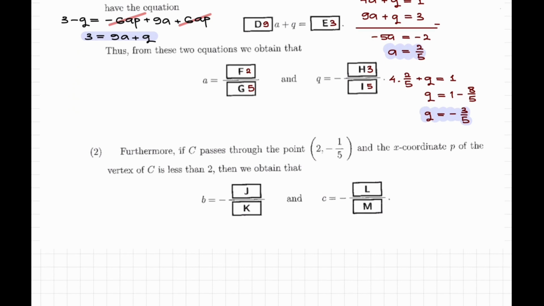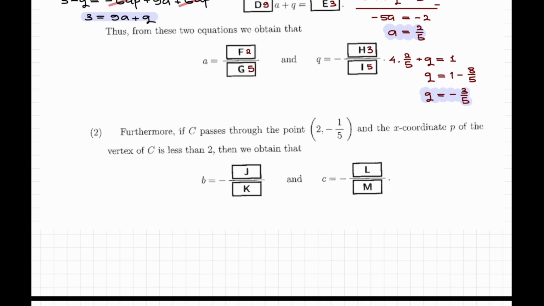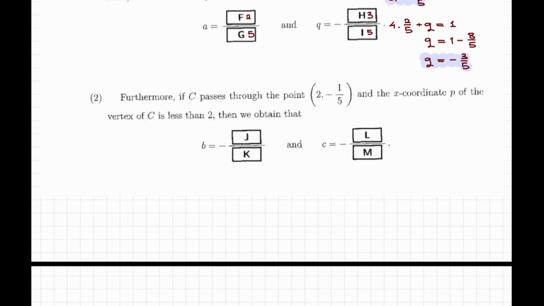Let's proceed to the last question. Basically, this is the last question from the first question on this past paper. Furthermore, if C passes through the point (2, negative 1 over 5), and the x coordinate P of the vertex is less than 2, we obtain that b equals blah blah blah and c equals blah blah blah.